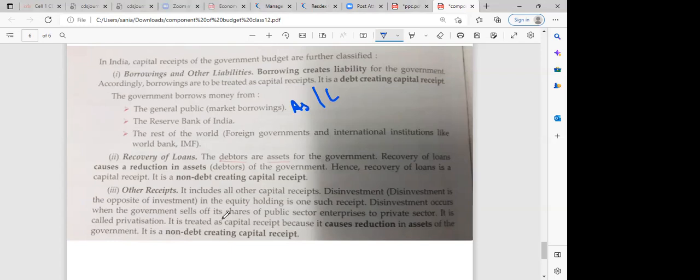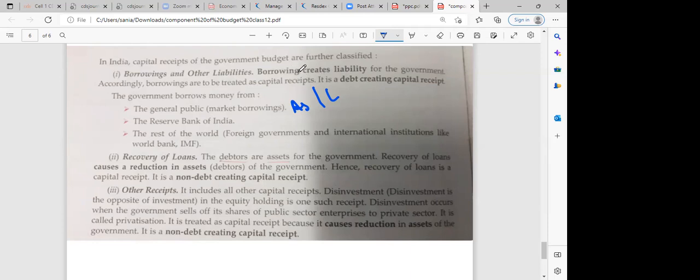Heba, same question: if you are borrowing from someone, will your assets or liability be affected? Liability. How? We have to give it back. So your liability will increase. Great.